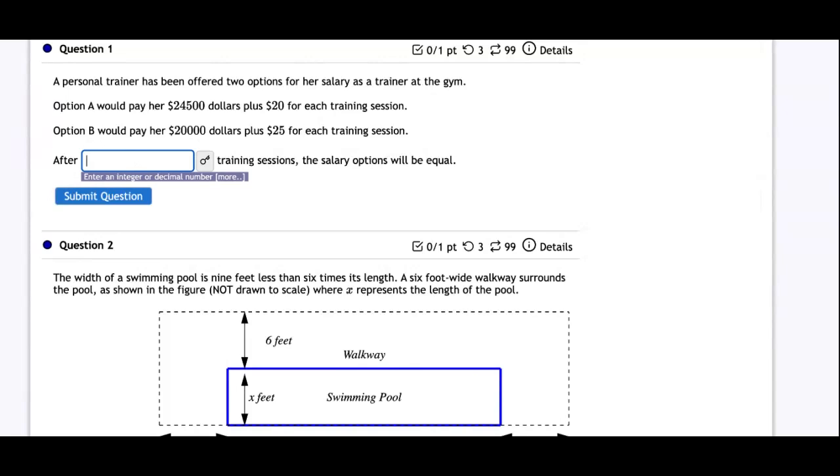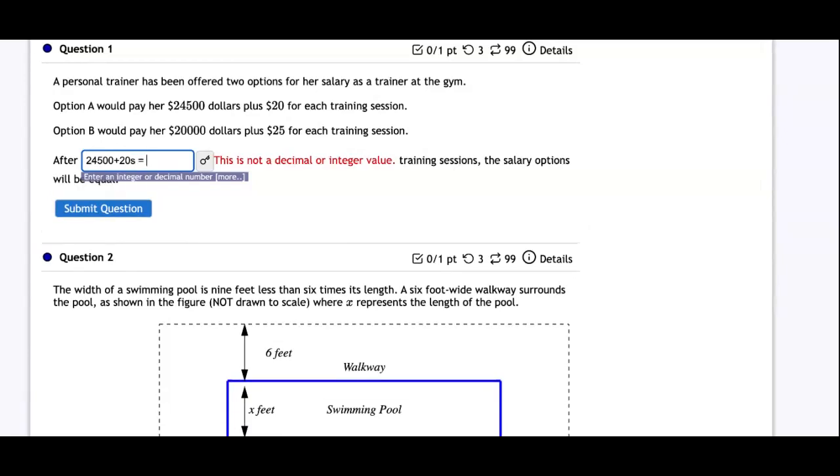So let's call sessions S, right? So option A would be 24500 plus 20S equals option B, 20000 plus 25S, right?